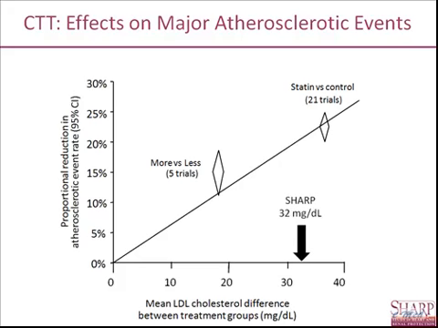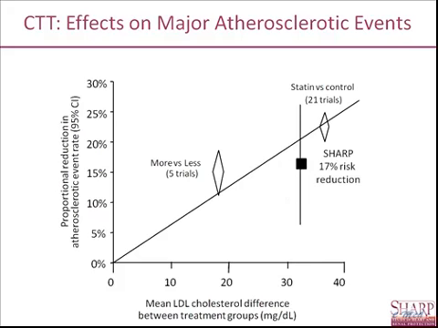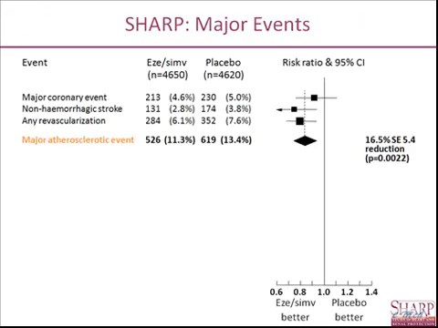In the SHARP we have 32 milligrams average reduction of LDL, and if we look at the figure here, that includes 21 statin versus control trials and 5 more or less meaning high statin, low statin dose, or different statins with different efficacy, you can see that SHARP as a primary endpoint lies very well on the figure.